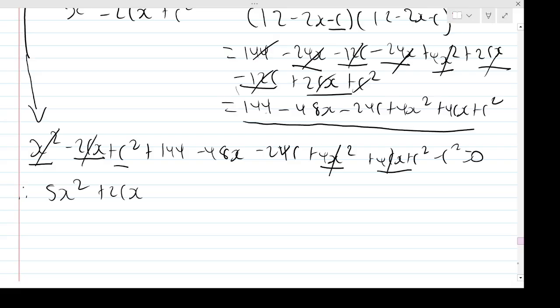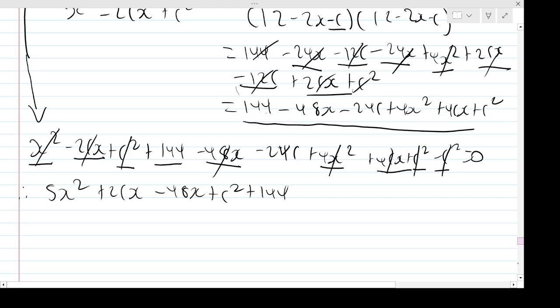I want to get the other x terms first, so I have minus 48x there, and that's really it. Then I can deal with the r squared: I have another r squared there, and 2r squared take away r squared is just r squared. Then I have plus 144. Then lastly I have minus 24r.